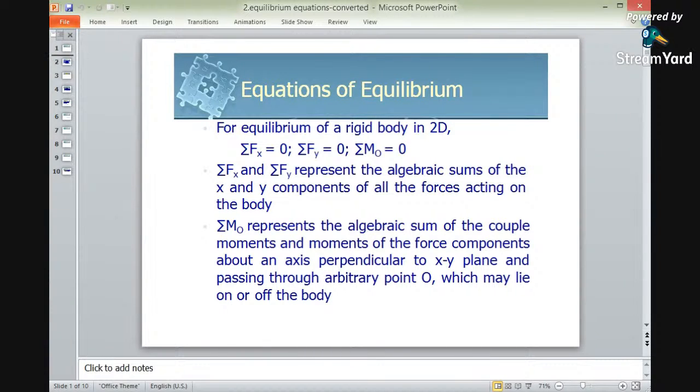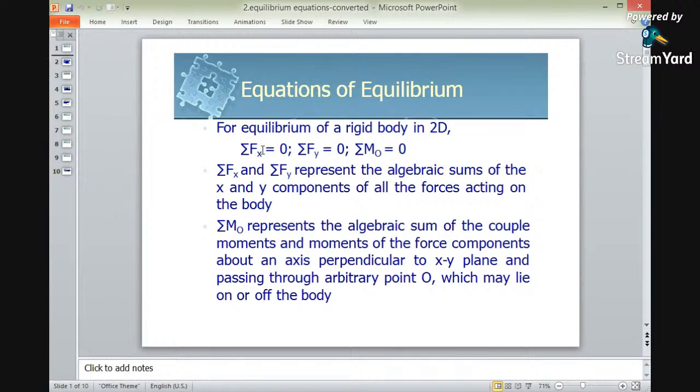Okay, so in order to have the body in equilibrium, we have to resolve along x and y directions. That means, for a 2D body in equilibrium, two-dimensional figures, that means it is having only two dimensions, that is x and y. We have already discussed in previous lectures how to find out the horizontal forces.